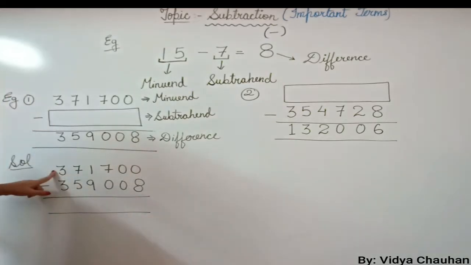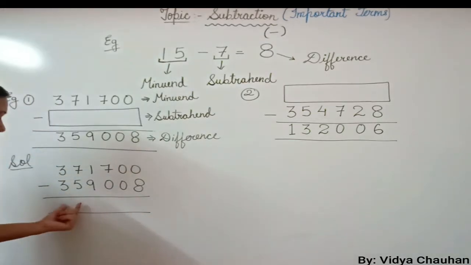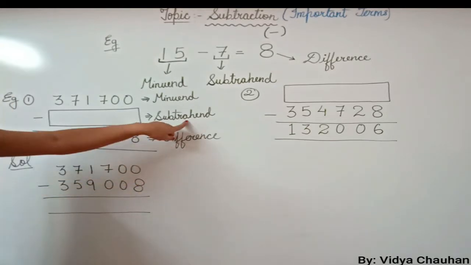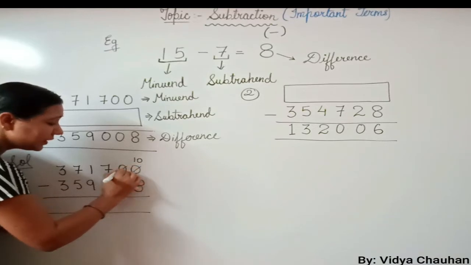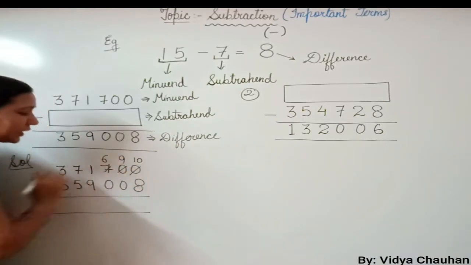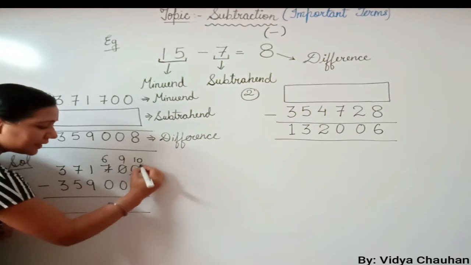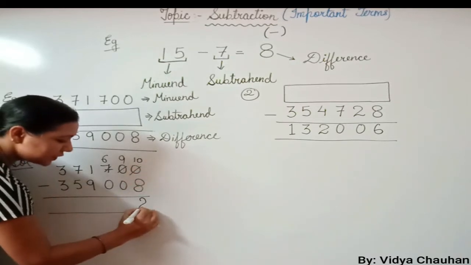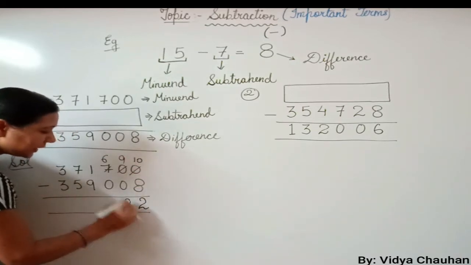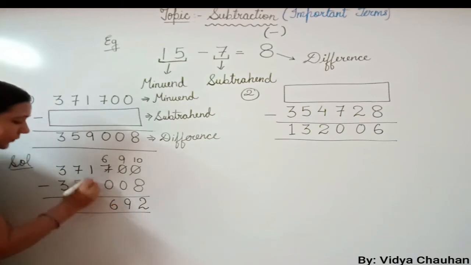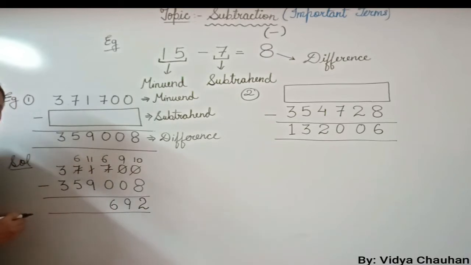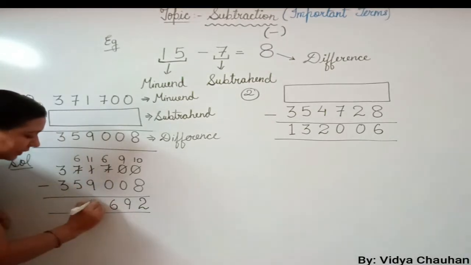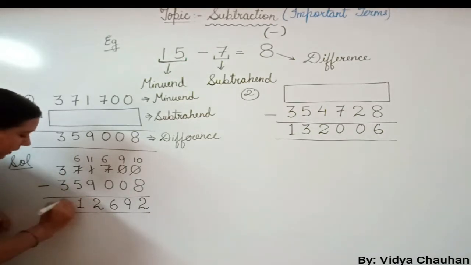I have written minuend at the top and then the difference, and whatever result we get after subtracting will be our subtrahend. So let us subtract. 0 will become 10 and the next 0 will become 9, 7 will become 6. 10 minus 8 gives you 2, 9 minus 0 is 9, 6 minus 0 is 6. Continuing forward, 1 will become 11 and 7 will become 6, taking up the borrow. 11 minus 9 is 2, 6 minus 5 is 1 and 3 minus 3 is 0.